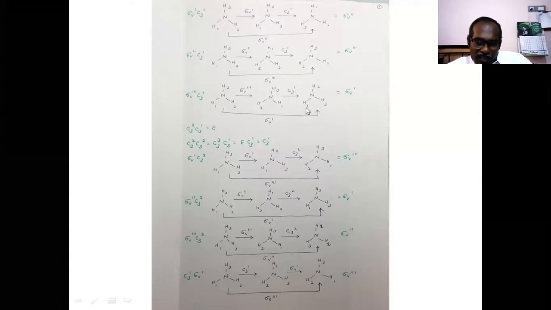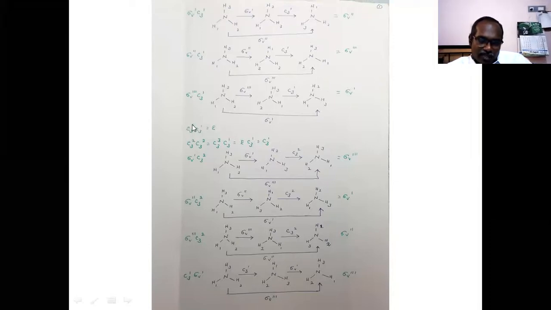You look here, H1 remains in its own position, 2 and 3 are interchanged. Therefore, any reflection about the plane which passes through NH1 will result in this configuration. Therefore, it is sigma V dash. Therefore, the combined operation sigma V triple dash and C3 once will result in sigma V dash.